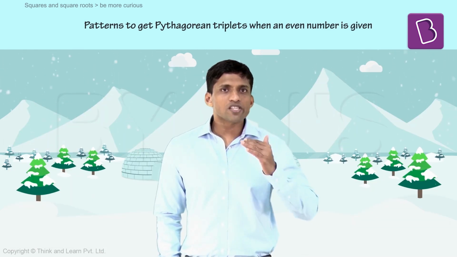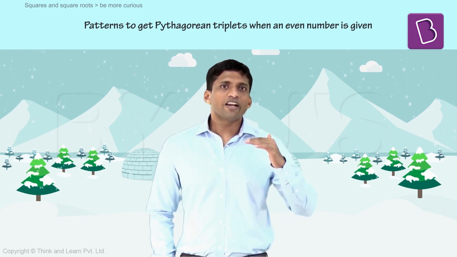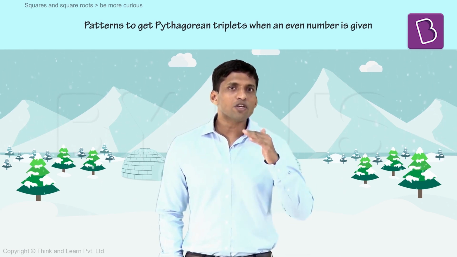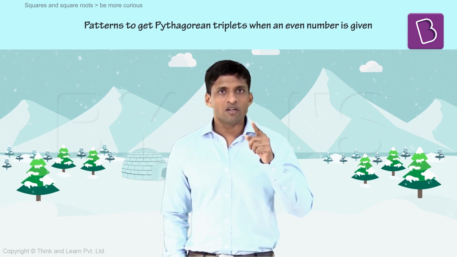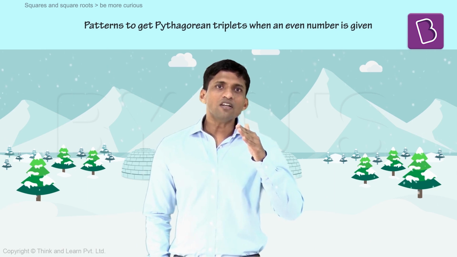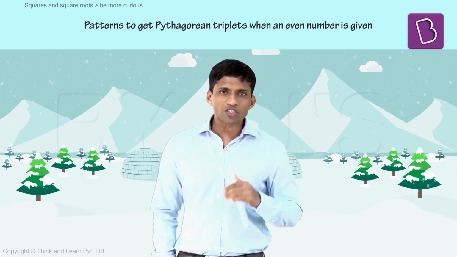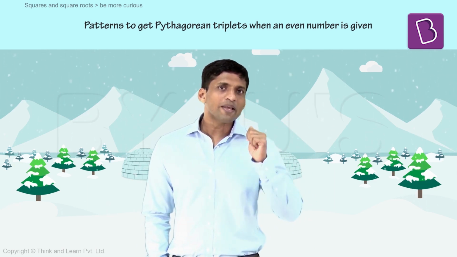Now, to use a similar method where even numbers are involved, because I gave you a shortcut for completing Pythagorean triplets where one odd number is given. If an even number is given, the method will be like this.